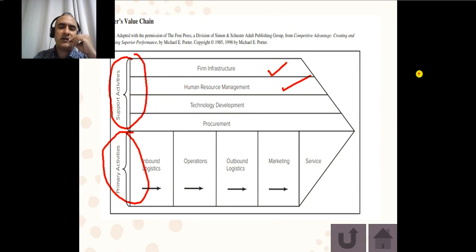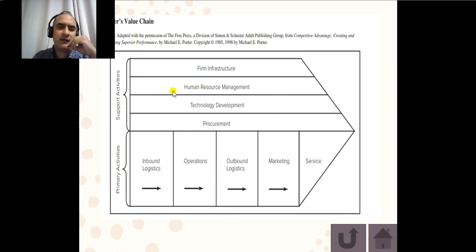Human resource management, where we could be more efficient with the people that we have. Technology development, where we are the most efficient in the technology that we use for production. Or procurement: like we saw in the Costco case and the Starbucks case, procurement is very efficient because they generate value by stipulating all the rules very clearly. So that is how we create the value.